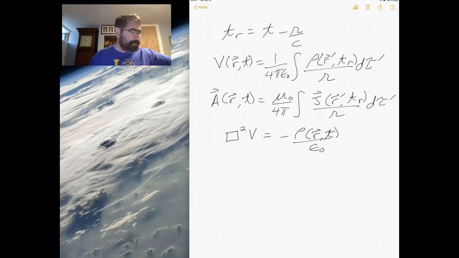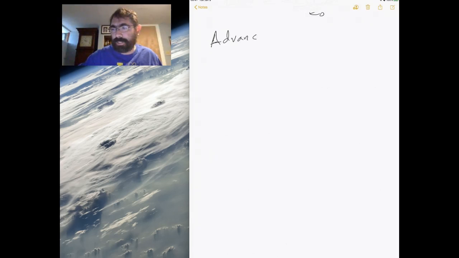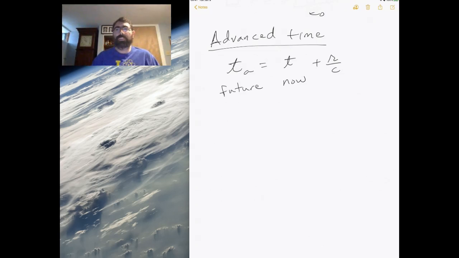Okay, and so the interesting thing is we don't have to necessarily consider the retarded time. That's kind of easier to think of conceptually. We could think of it as an advanced time, or basically measuring now and calculating what is going to be in the future. So the advanced time, the future, is the time now plus the time it takes for that information to travel a certain distance.